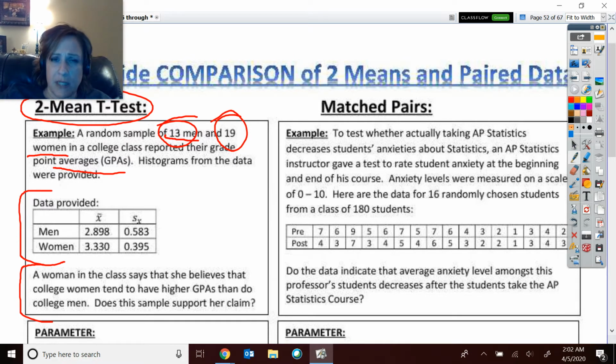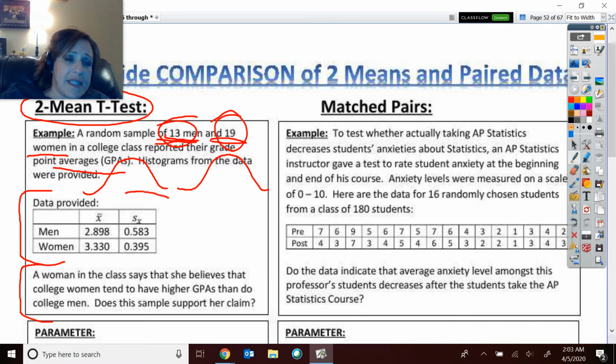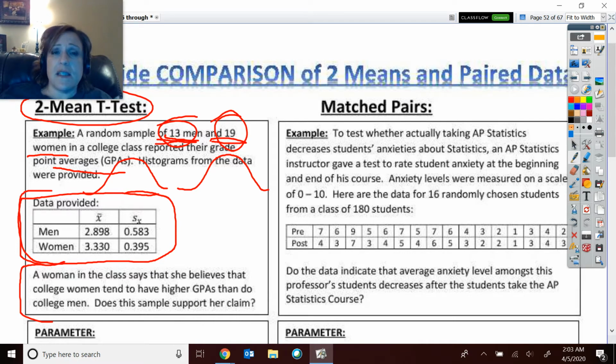I do not have them listed here, but it was showing that each one of the histograms was somewhat symmetric, unimodal, and had no outliers, and that was good because we had small sample sizes. But we can see the way that data was provided to us, it was in summary statistics form, so we would end up using that whenever we did our calculator's information.